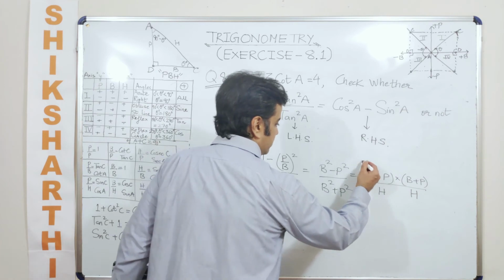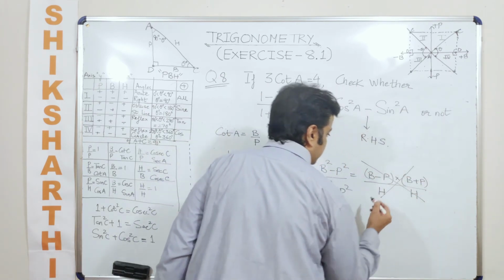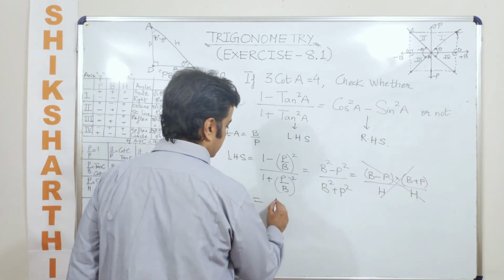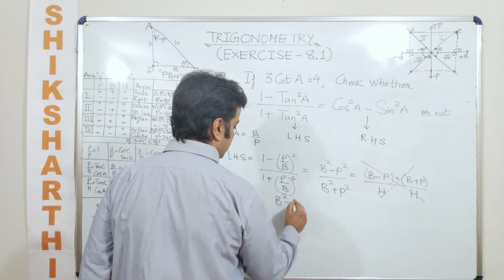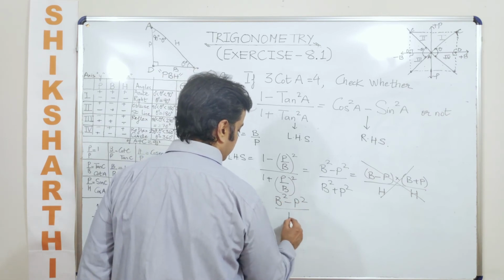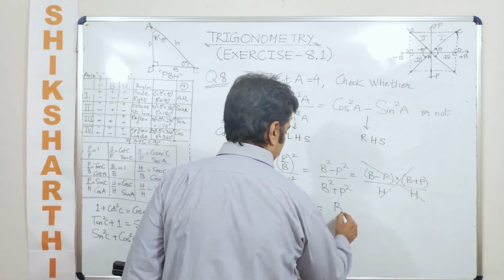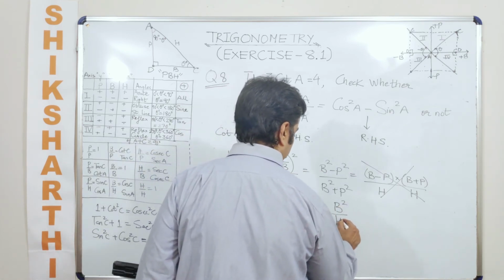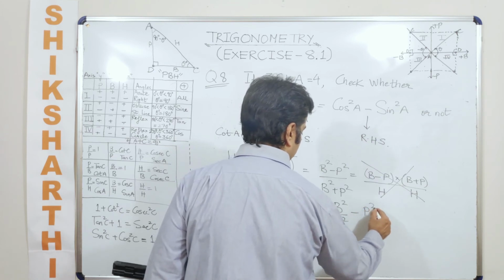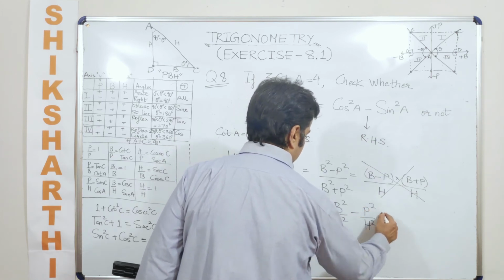So instead of writing this, I would simply write it as b square minus p square upon h square, using Pythagoras theorem, which can further be written as b square by h square minus p square by h square.